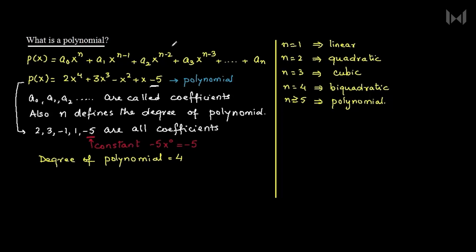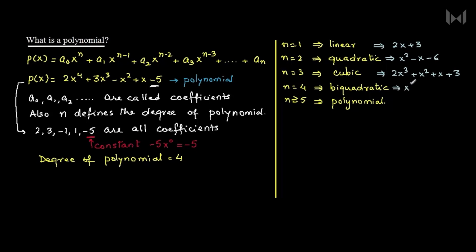Now, for example, once again, the example for a linear polynomial will be, say, 2x plus 3. For a quadratic, it will be something like x square minus x minus 6. For a cubic polynomial, it may be something like 2x cube plus x square plus x plus 3.